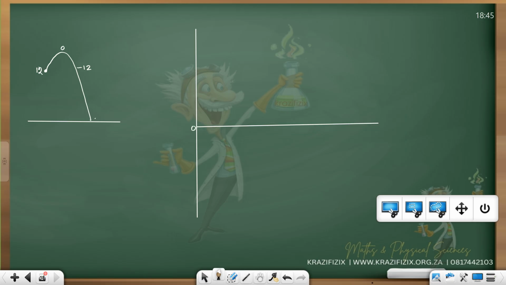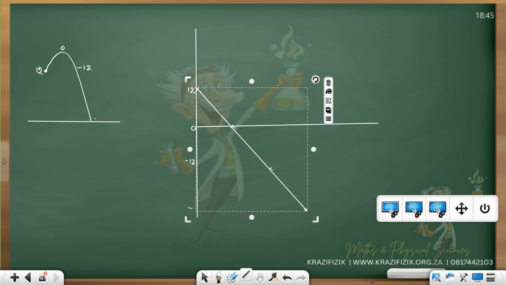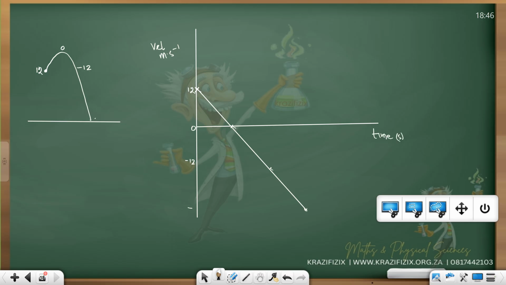So what are the velocities I know? I know 0, I know 12, there's negative 12, and there's a negative something I don't know. We started from 12, got to 0, then negative 12, and a particular velocity. Can you see? It's just a straight line. Velocity in meters per second against time.